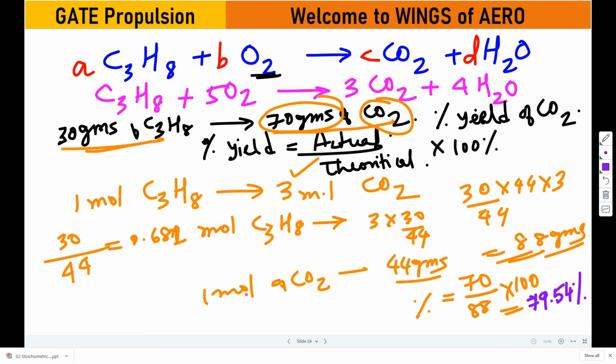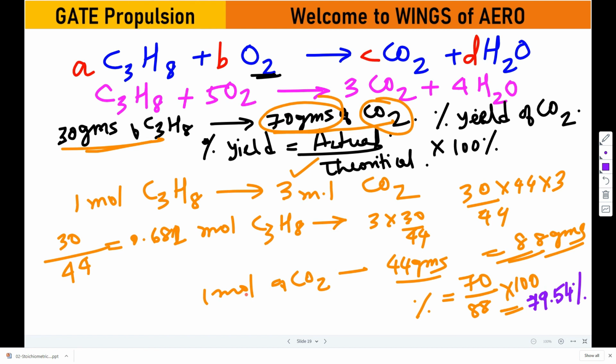So every year they are asking. It is not mandatory that they are asking every year, but whenever they are asking such kind of questions, either to find out the moles, or to predict which one is a rich mixture or lean mixture, and to identify the stoichiometric ratios.